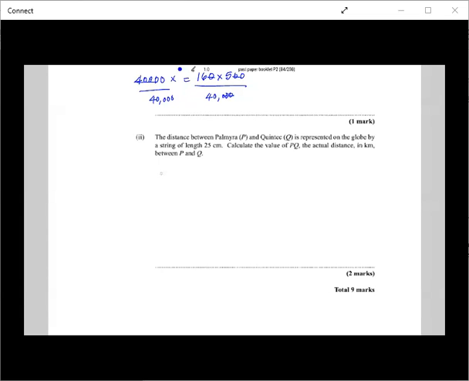Let's bring back my scale. 160 is representing 40,000 kilometers. This is 25 centimeters. I don't know the actual, so I call it X.